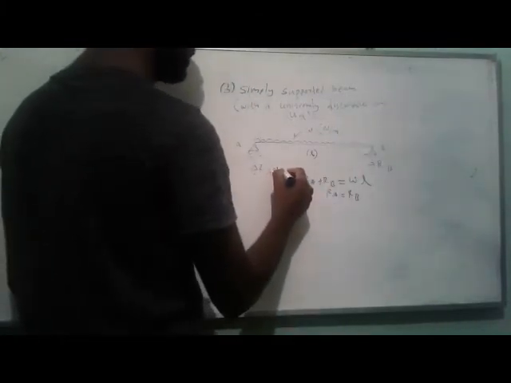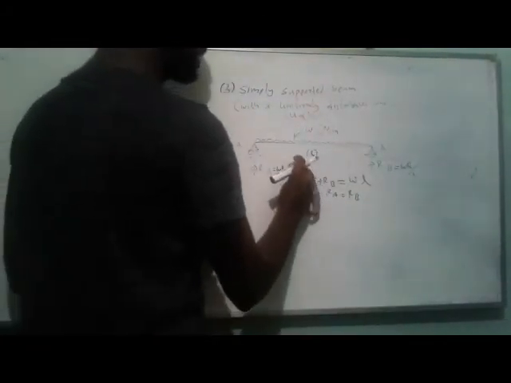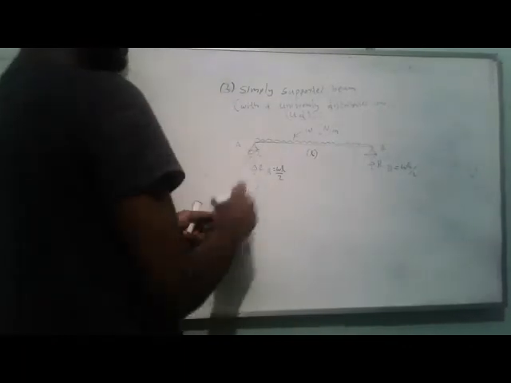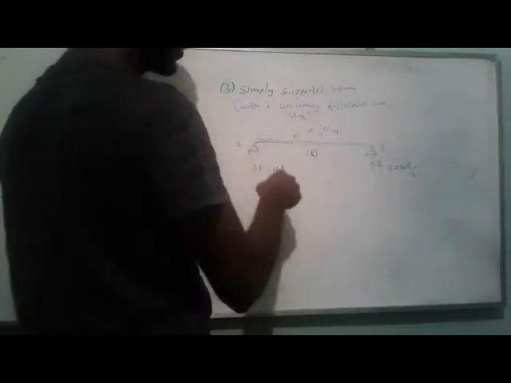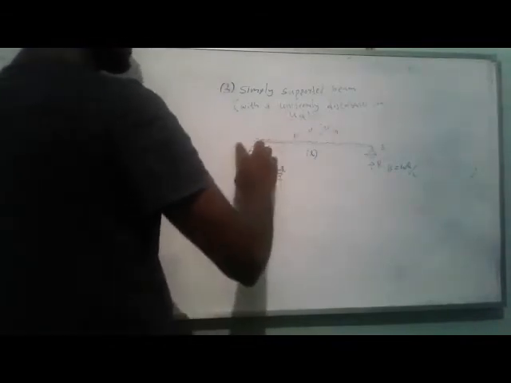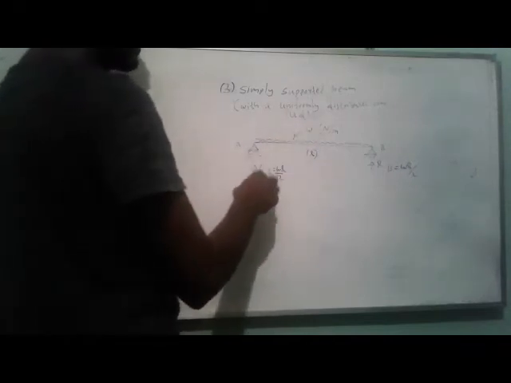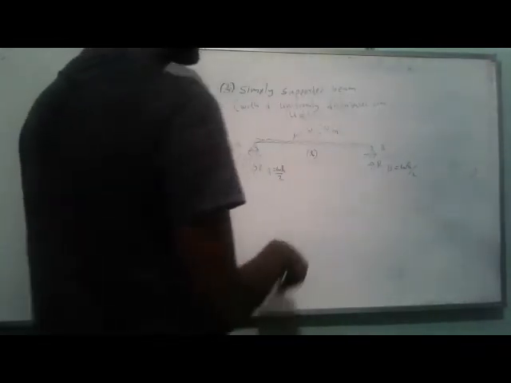Therefore RA is WL over 2, and RB is also WL over 2. If the system is not symmetrical, you have to take the moment with respect to point A or B to find the second equation. Here it is easy because the system is symmetrical.